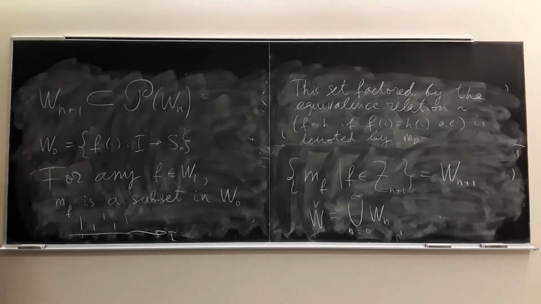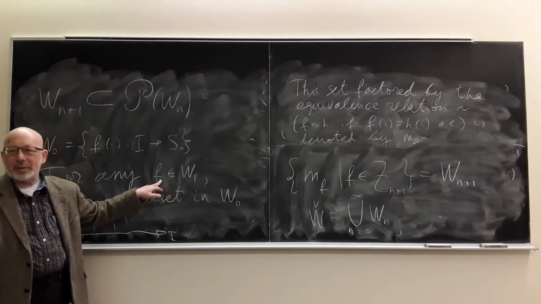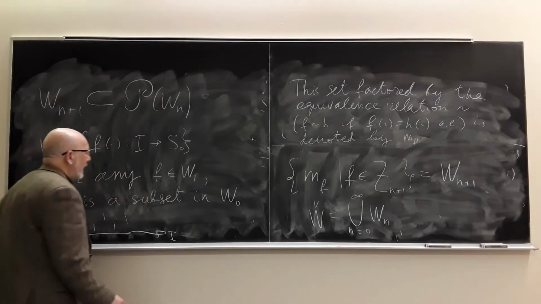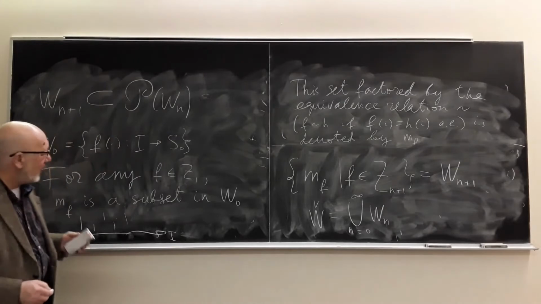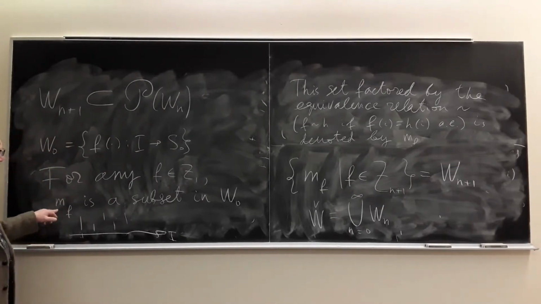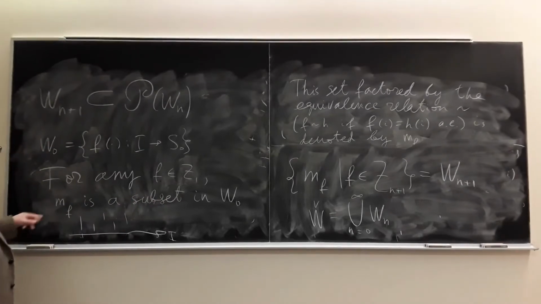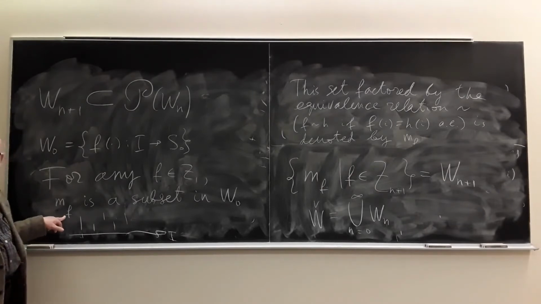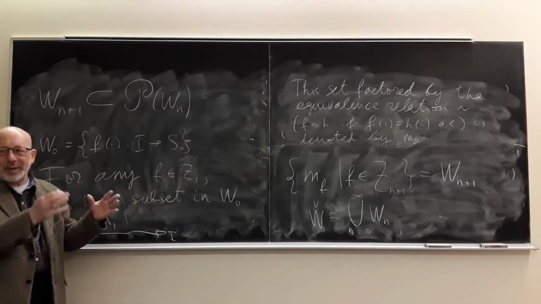No, I took f already factorized by this equivalence relation. Okay, let me take it in Z1. Now, Mf is a subset of W0. And if you take different f, you have different subsets. So if you take all f in Z1, you have some set of subsets.